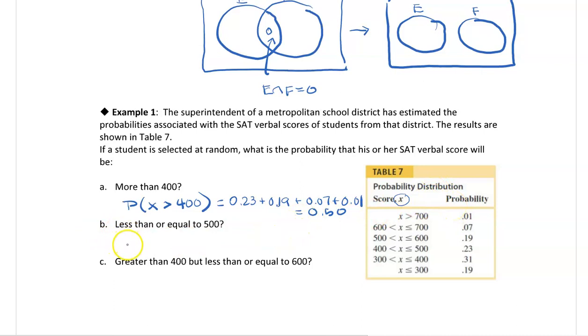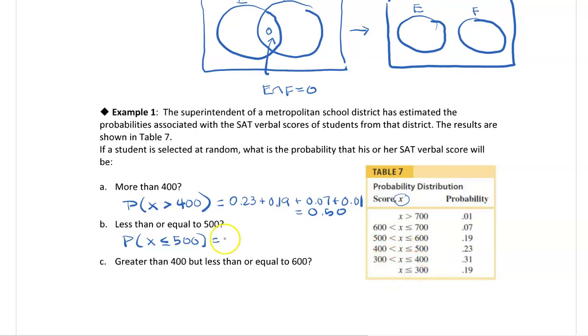Let's take a look at the next problem. It's asking what's the probability that someone scored less than or equal to 500. Again, we find 500 and we want everything less than that: 400 to 500, 300 to 400, and below 300.